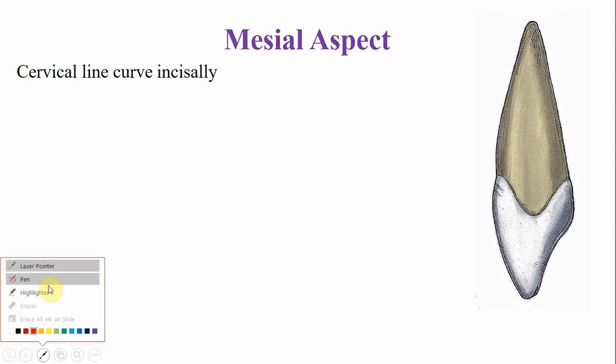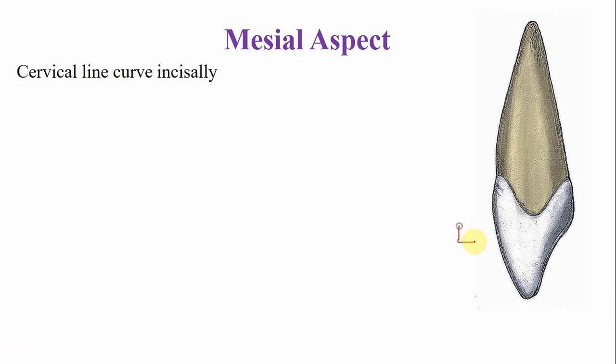This is the labial side, and this is the lingual side, sometimes referred to as the palatal aspect. This is the cervical line or the cemento-enamel junction, and it curves towards the incisal surface.